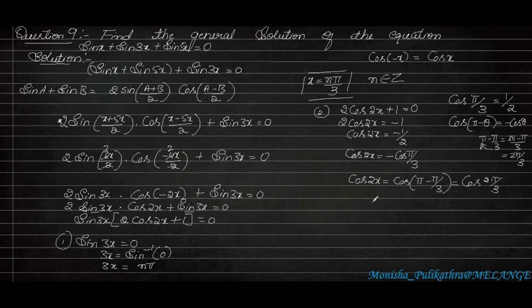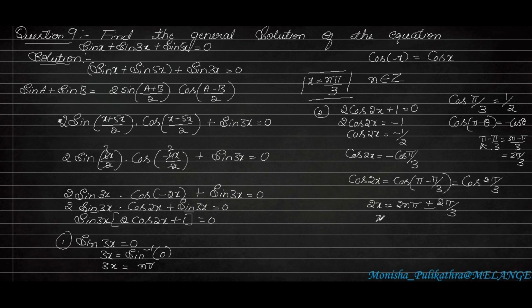So if cos is common, then the remaining will be 2x is equal to 2 pi by 3. But when we remove the cos, we have to include one more term for that. When we take out the cos, we have to include an integer, that is 2n pi. If cos comes, 2n pi plus or minus this 2 pi by 3.